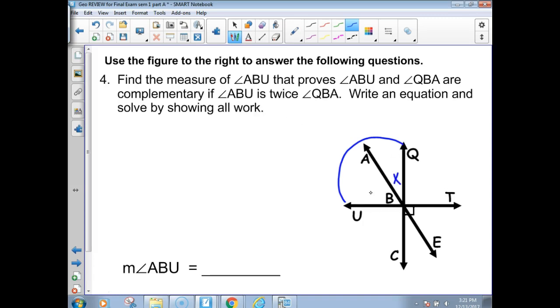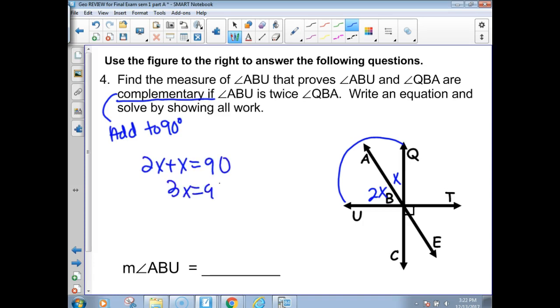Then the other one is twice as big, so it's 2x. Complementary means they add to 90. So 2x plus x equals 90, and 3x is 90. Divide by 3 and x is 30. Then plug that back in and do 2 times 30 to get angle ABU is 60.